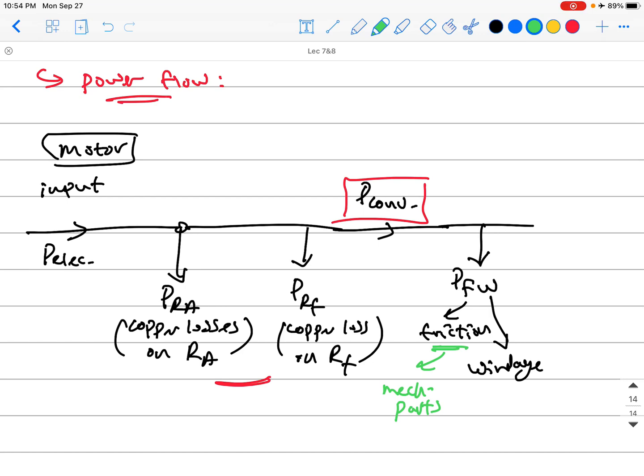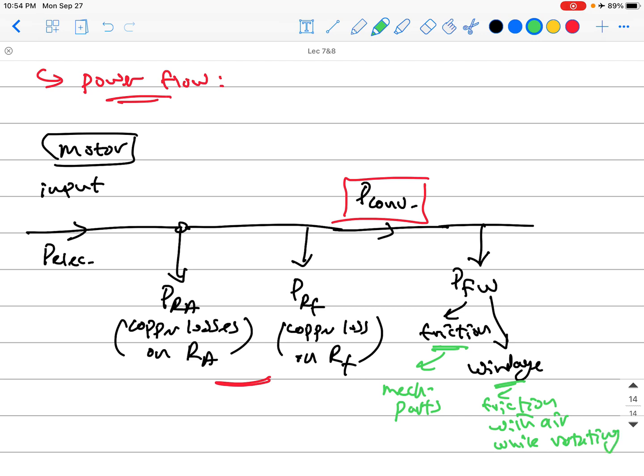The shaft is connected to a mechanical load, and it has bearings to hold it, so they all have friction together, and you lose some of the mechanical energy on this friction, okay? And windage also means friction, but with the air while rotating.